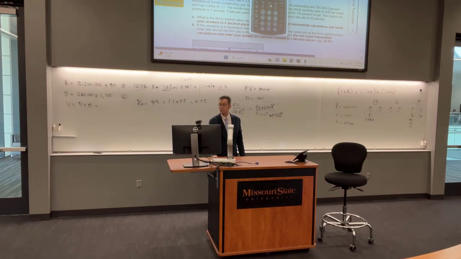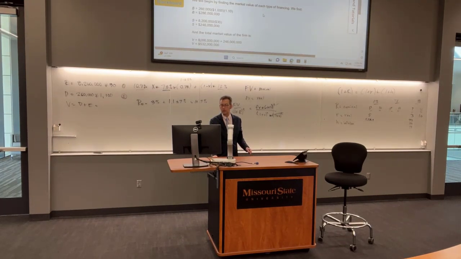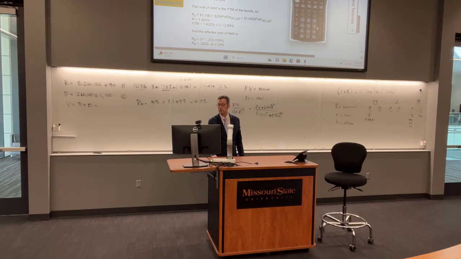We've already put in the price, so now we're ready to compute I per Y. 1.422, is that what you get? But is that the yield to maturity? No. What do I need to do? Multiply by 2. And there we go.